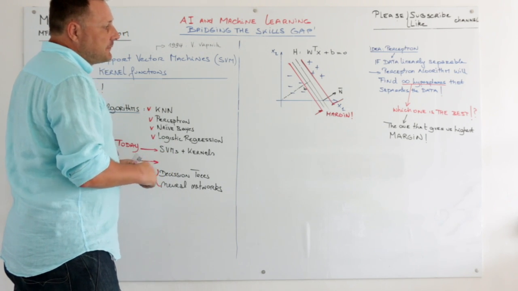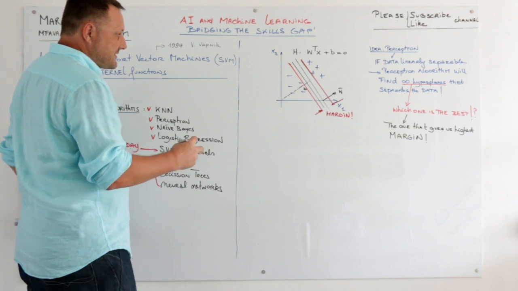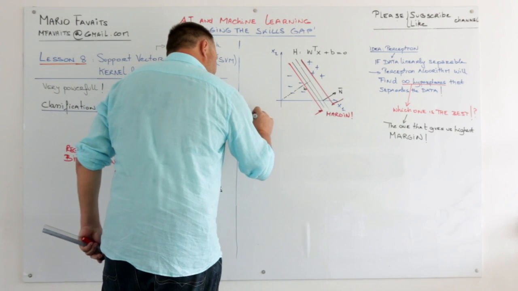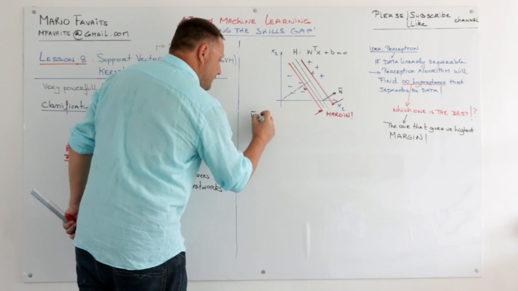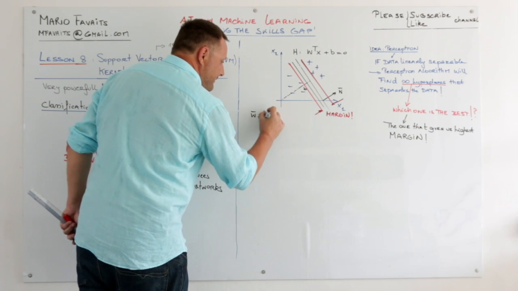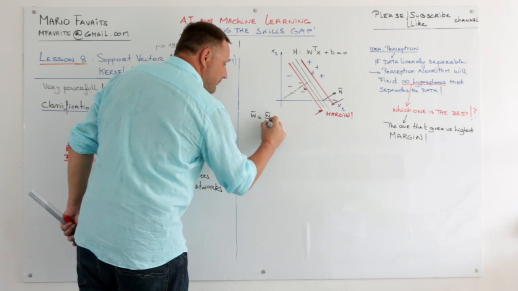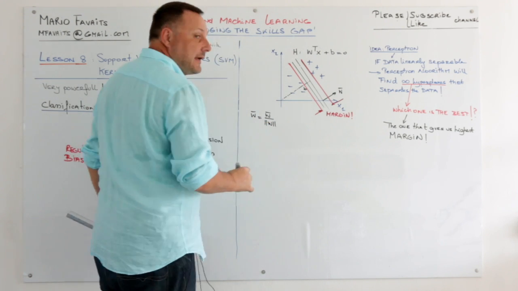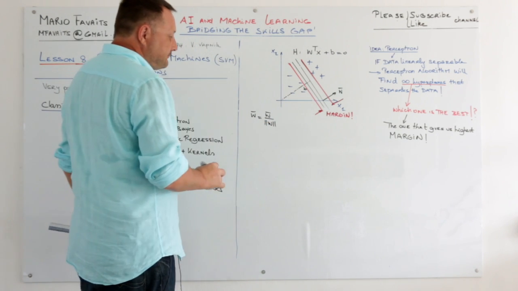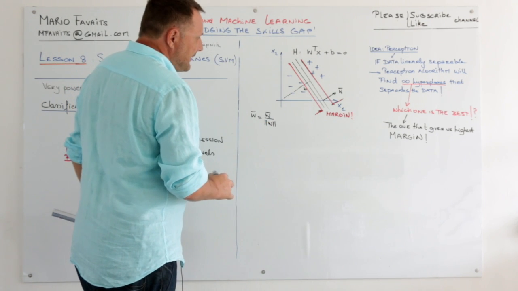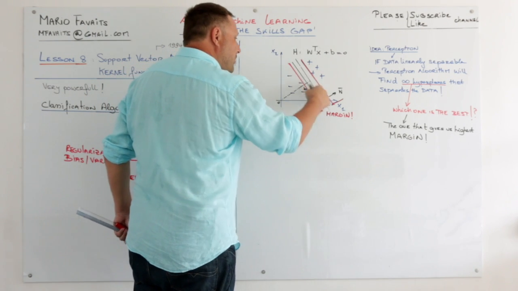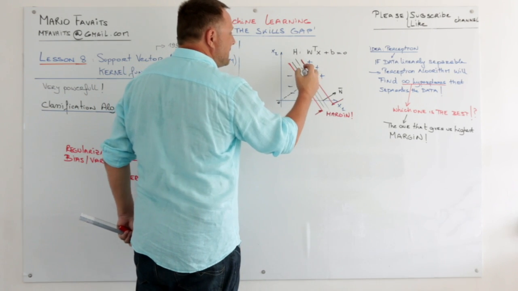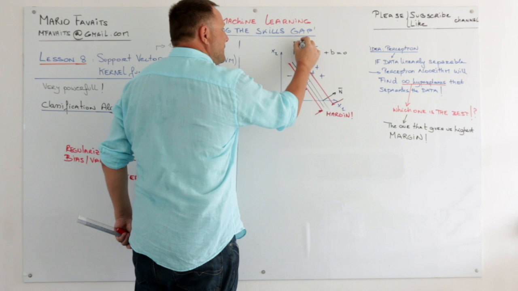Now we have some notations, of course. We have a vector w, and the vector w here is a unit vector. So it's basically the vector divided by its norm. We've seen that in the linear algebra refresher. And then the distance between the origin and the middle line, we will call the median.